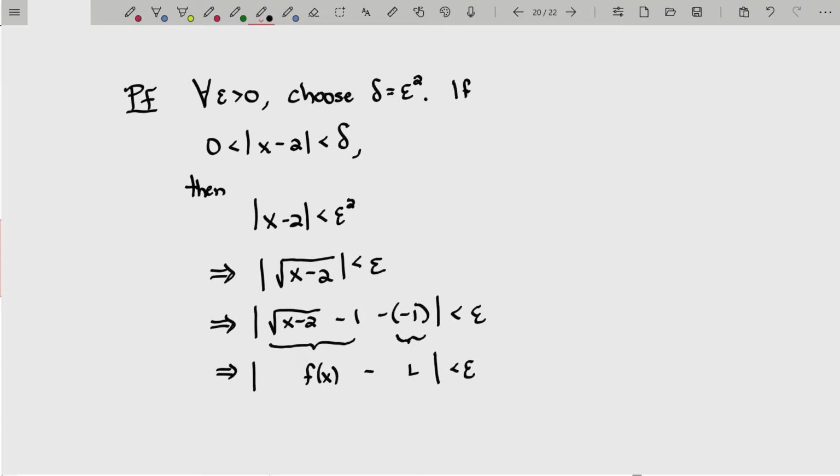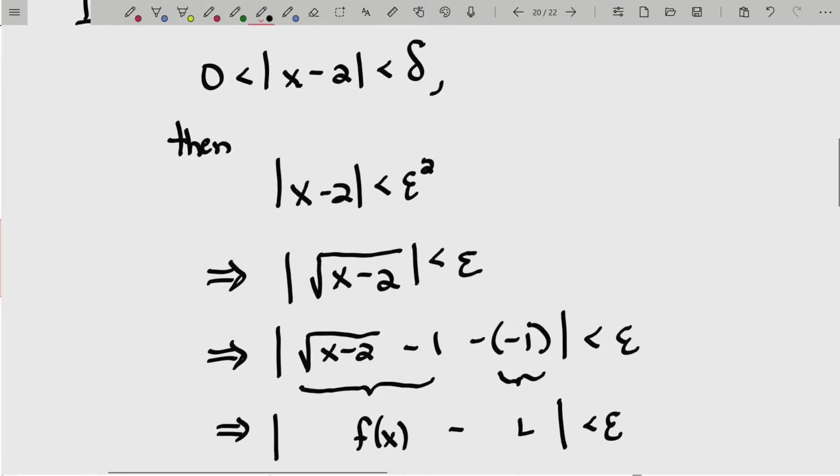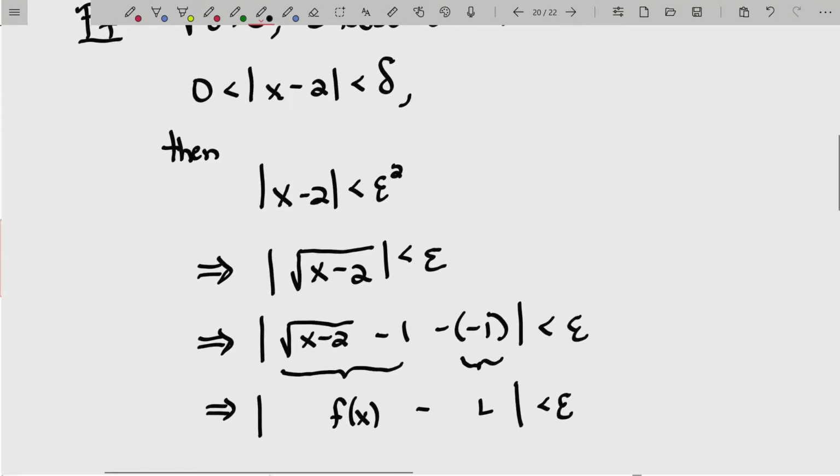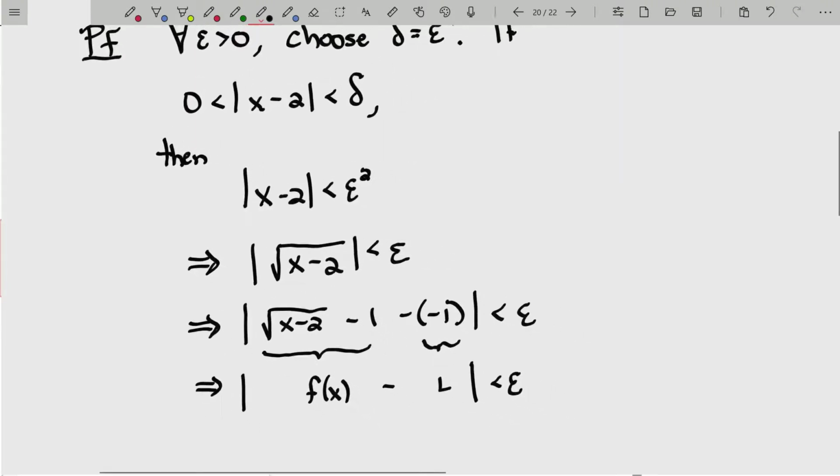And they say, why? And I say, well, I'll show you why. If x is within my delta neighborhood of 2, so if it's really close to 2, then we can all guarantee that x minus 2 in absolute value must be less than epsilon squared, because that's what I chose delta to be. And they say, okay.